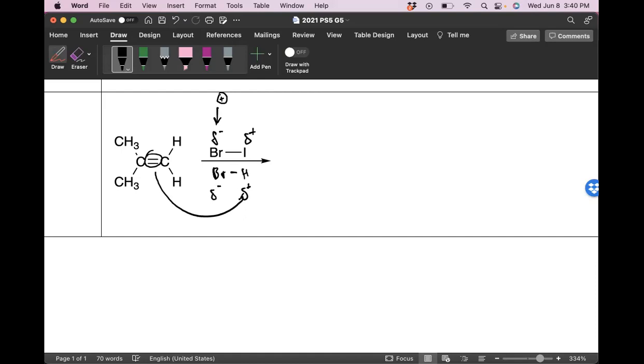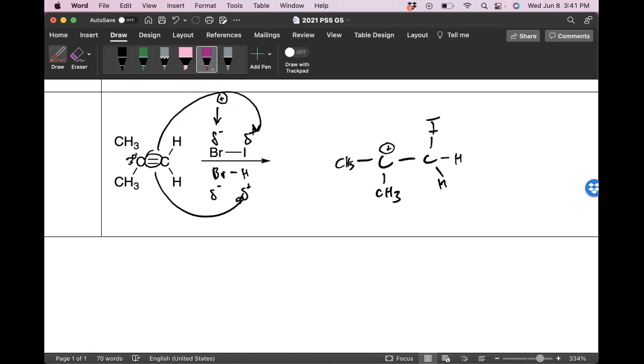This alkene would attack that partially positive atom, and in this case, it would be iodine. So we'd have C, C, H, H, I, positive charge, CH3, CH3. It adds in a way so that the positive charge is on that tertiary carbon right here. And then our partially negative atom, Br, attacks this.